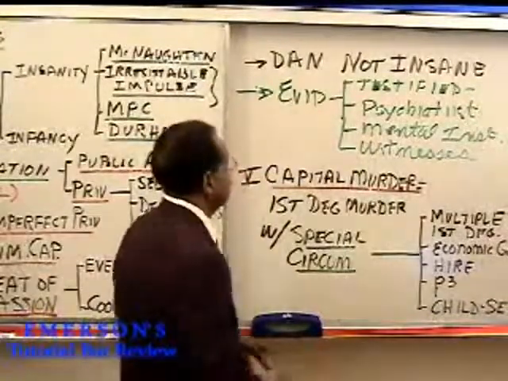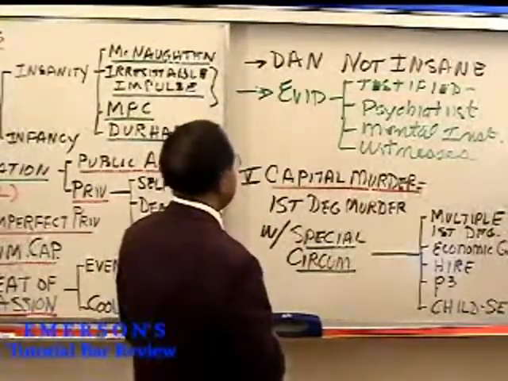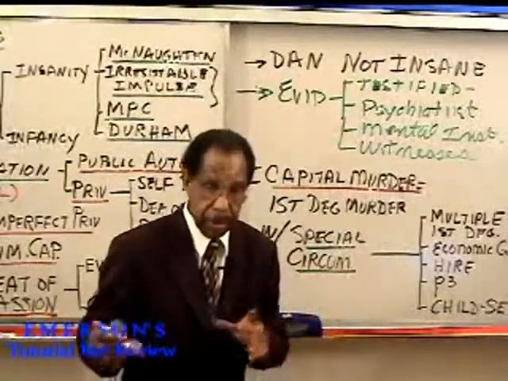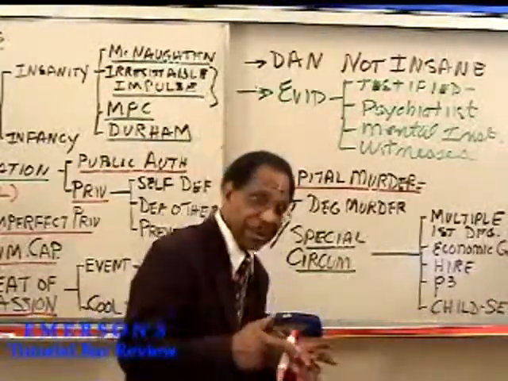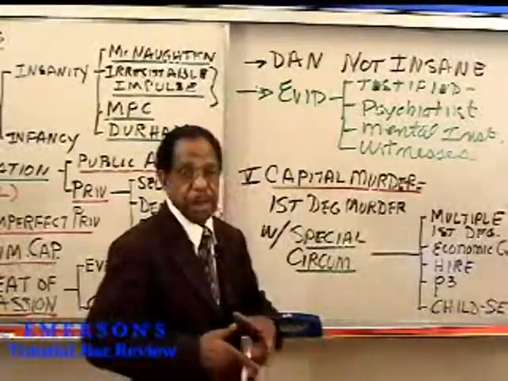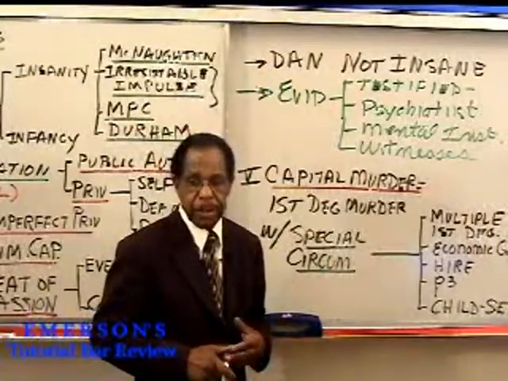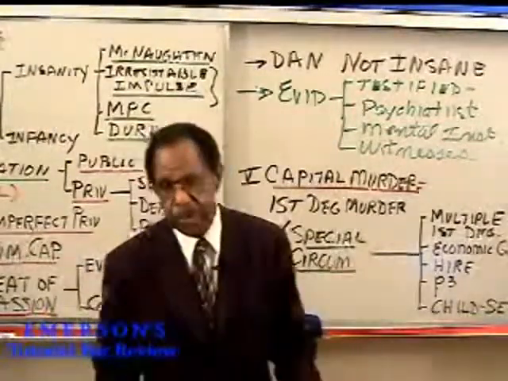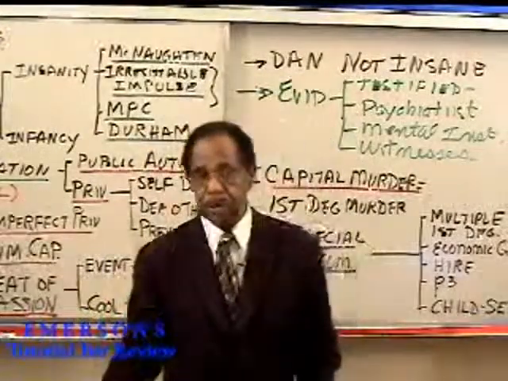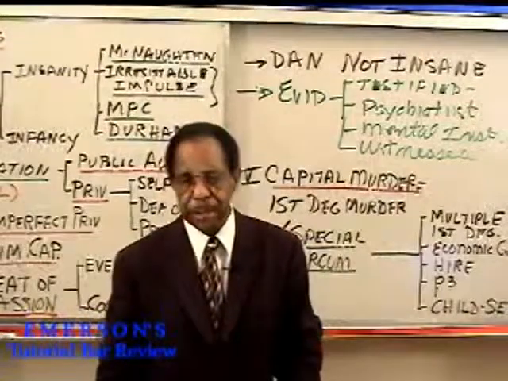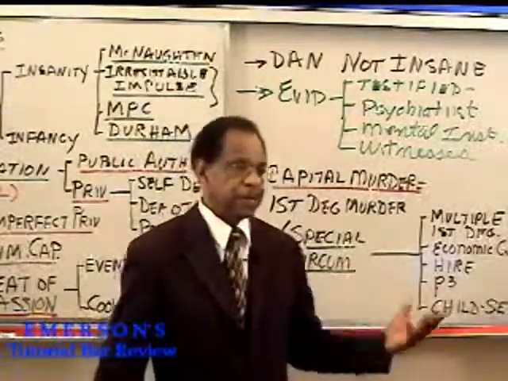And by the way, if you look at this the other way around, where Dan says I'm insane and the state has to prove that he is sane beyond a reasonable doubt, then the state would look to his conduct. It says he's been in and out of institutions, true enough, but we don't have any evidence of whatever standard you're using.